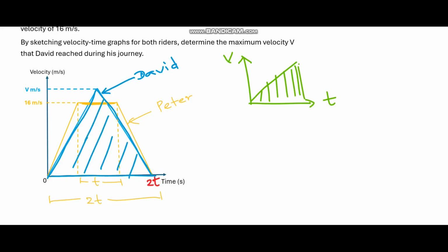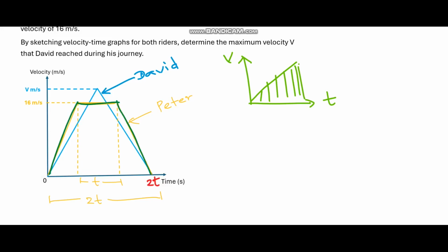And on the other hand, if we look at Peter's journey, the distance traveled is given by the area of this trapezium. I'm going to draw this in green so that it will stand out. So this area.